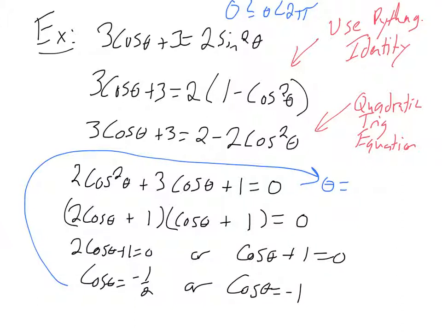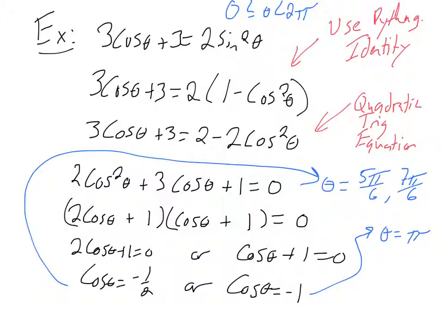It's 1/2 when we have 60 degrees. So possible solutions would be 5 pi over 6 and 7 pi over 6. And then cosine theta equals negative 1 when we're at pi. So those are the 3 possible solutions to that equation right there.